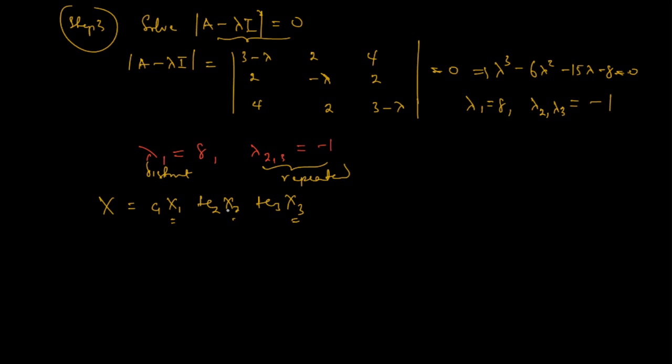Now, x1 is the solution that corresponds to lambda 1 equals 8, and that's going to be k1 e to the power lambda 1 t.